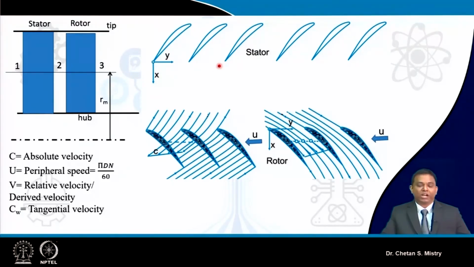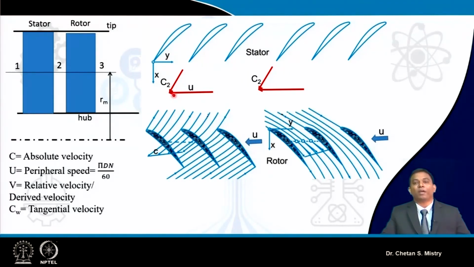And my flow coming out from my stator, let me put that as C2. It is the absolute velocity coming out of the stator. If I know my peripheral speed, let me put it here. This represents my peripheral speed.